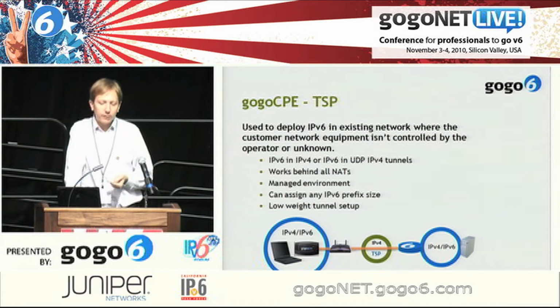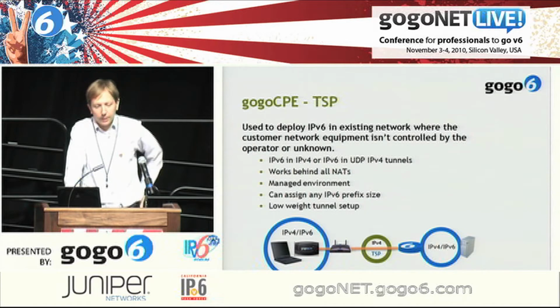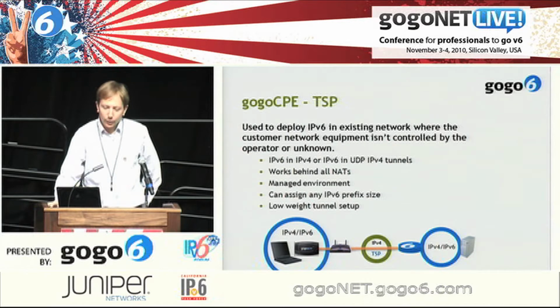So as I mentioned, the TSP version, which is the IPv6 over IPv4 or IPv6 over UDP IPv4, is the version to roll out IPv6 in an existing network. The intention is to put it behind the home router. So you have your existing home network that's IPv4.